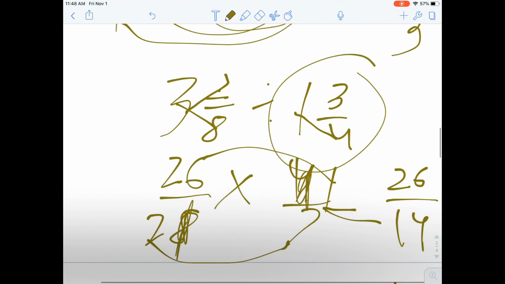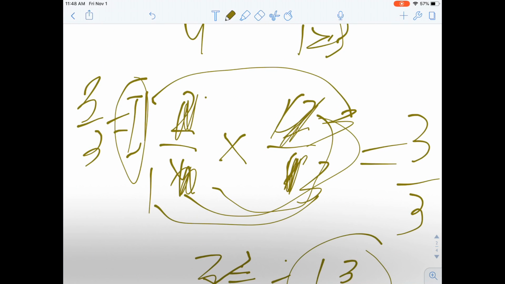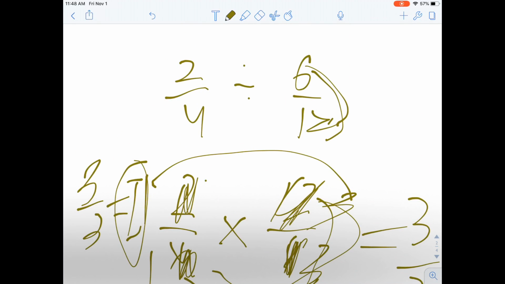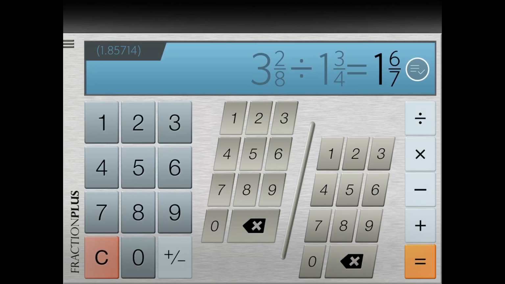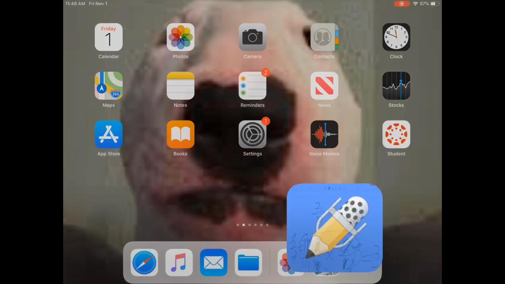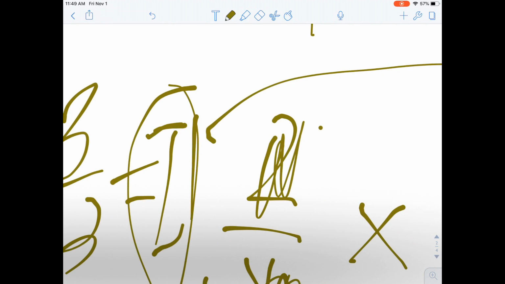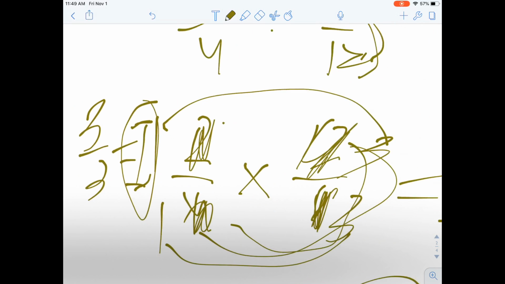So to prove my answers are correct, I'm going to show you. My answer for this is 1, and it equals 1. What did we get? We got 1. Well, that doesn't really look like a 1, but it is.